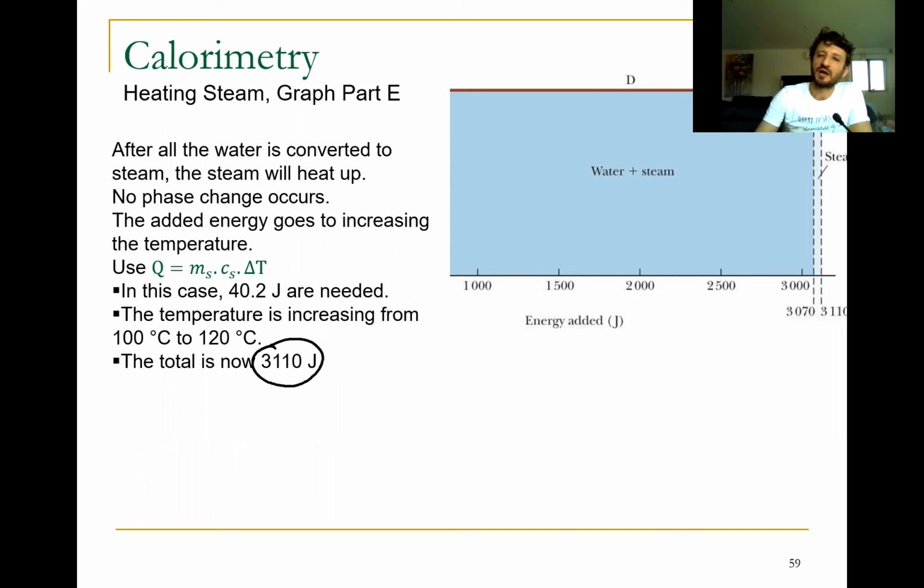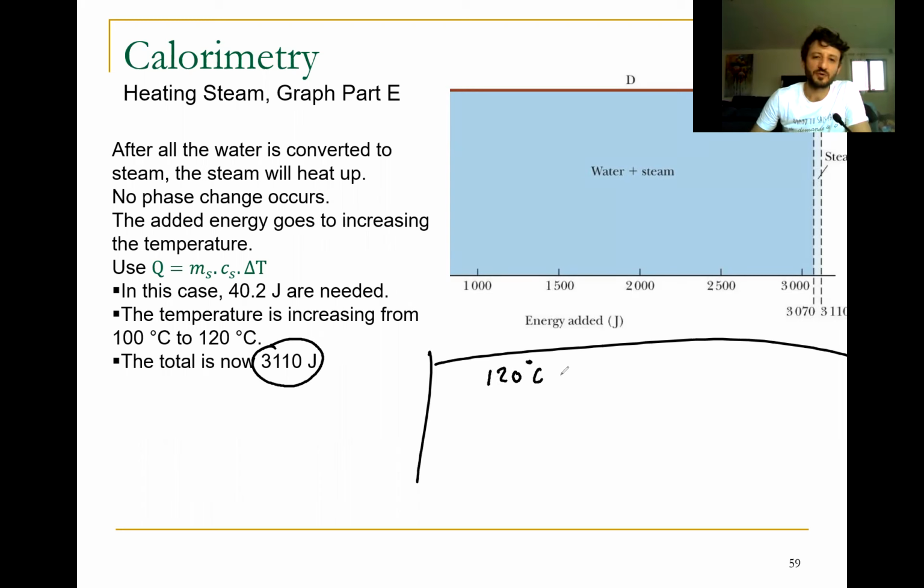I want to go now with the same quantity from 120 steam to 100 steam. So another example, I want to go from this quantity to this quantity.